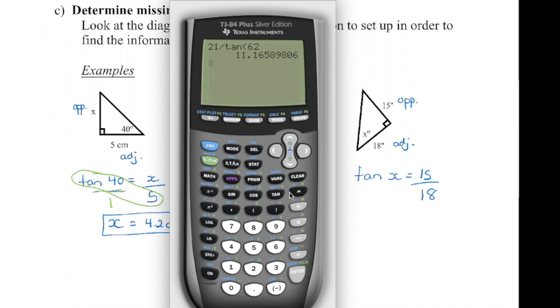So when we put this in our calculator, because we're looking for an angle, we're going to go second function tangent. We're going to go 15 divided by 18. And when we do that, angles we tend to round to the nearest degree, unless it says otherwise. X is 40 degrees.